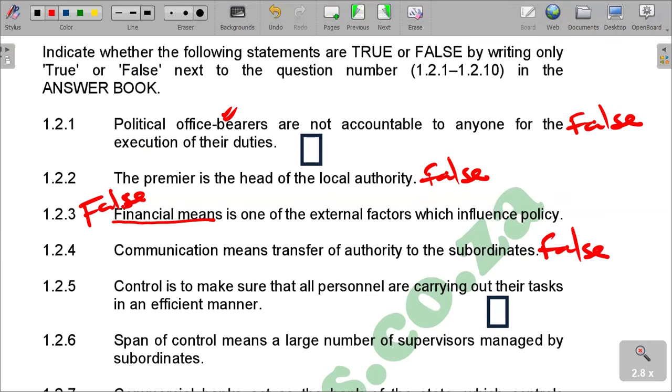Communication is not the transfer of authority to the subordinates; it is the transfer of information or a message from one stage to another. So number 4 is false also. When authority is given to lower order individuals, we call that delegation. But communication is the transfer of information from one person or office to the next in order to ensure that tasks are completed.